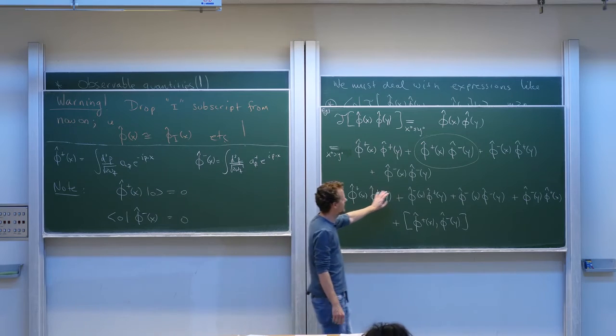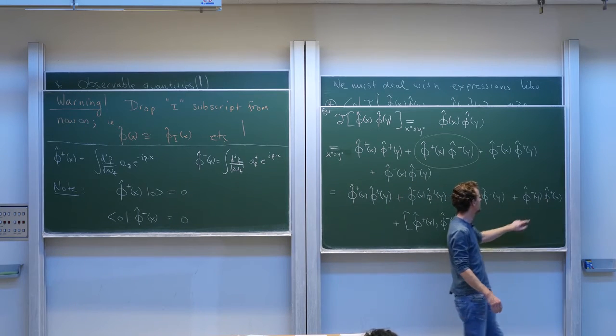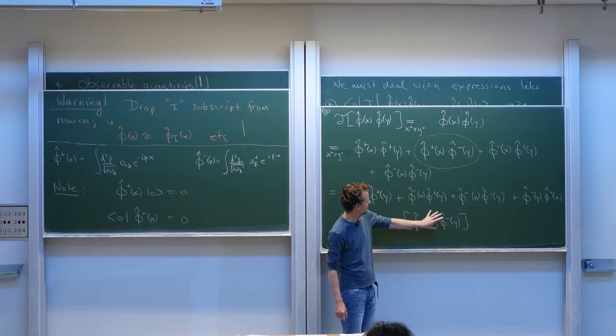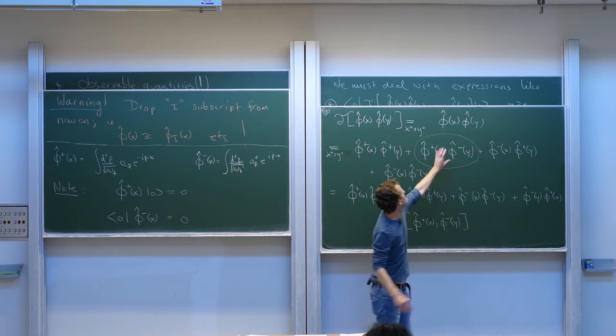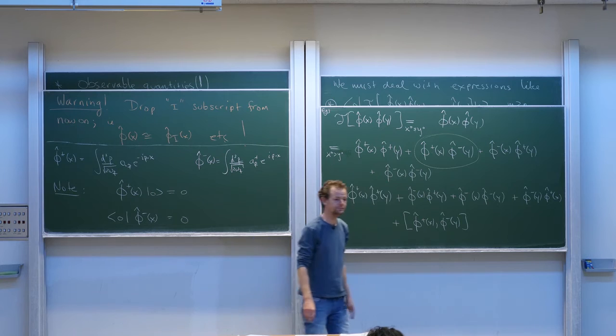But I've added 0 in a way to put this phi plus in the right place. So you can quickly check that that guy cancels with this guy to give you the piece in the yellow circle.